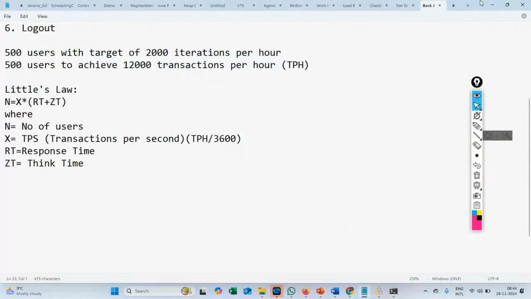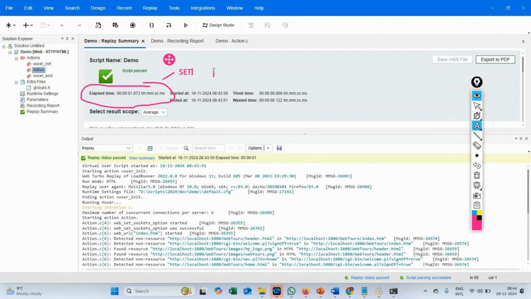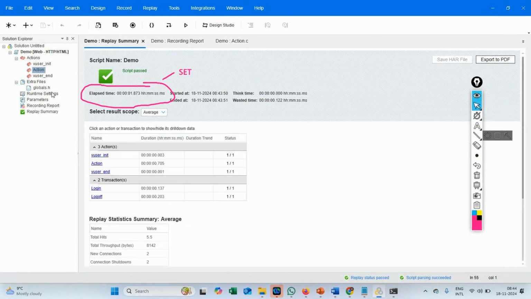When you run the test, you get to see something called elapsed time. This is nothing but the script execution time. I didn't add think time here actually.